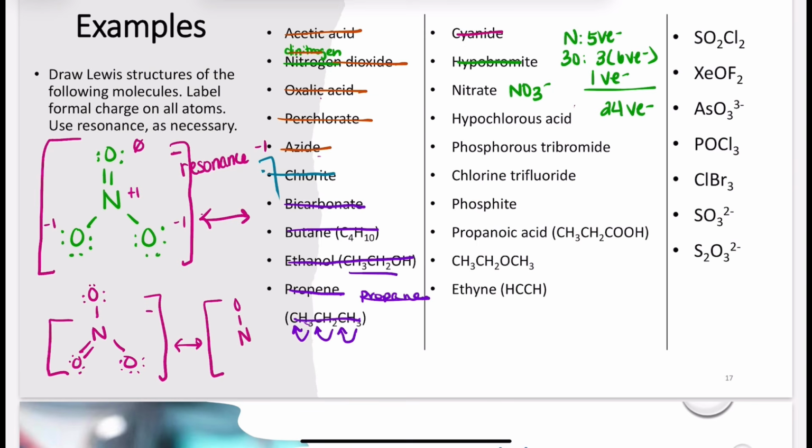So nitrate has 3 overall resonance structures. The more resonance structures, the more stable the ion or molecule. So this is more stable than something like nitrite because it has 3 resonance structures. Now, all of these contribute equally. They're all equivalent structures. They all have 2 oxygens with a -1 charge and 1 oxygen with a 0 charge.